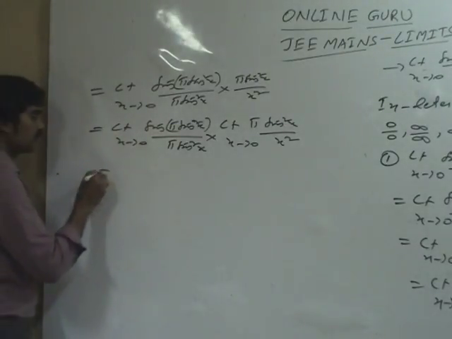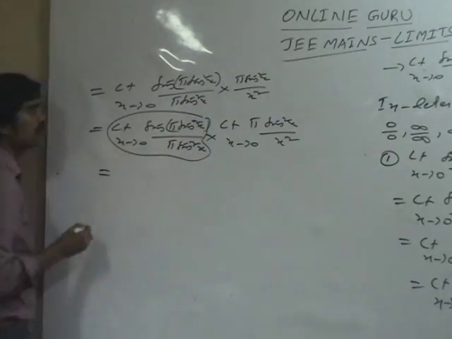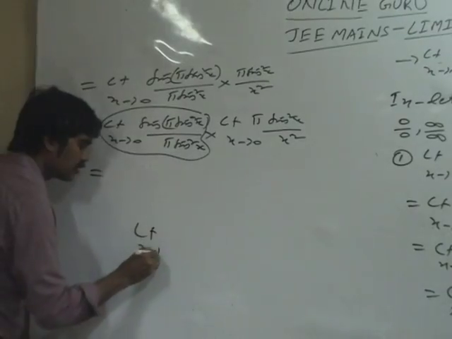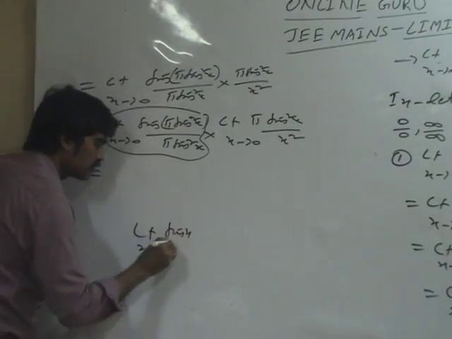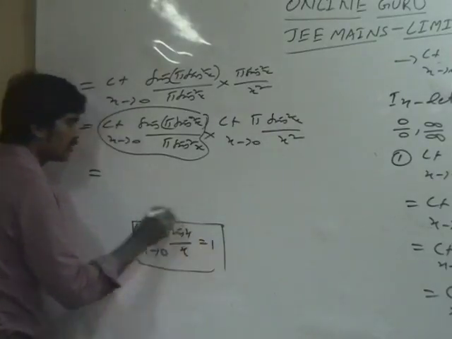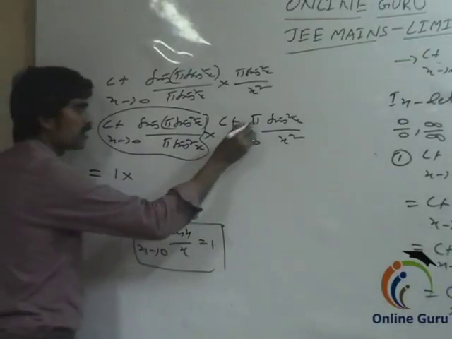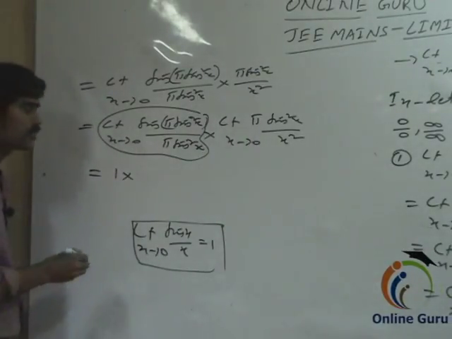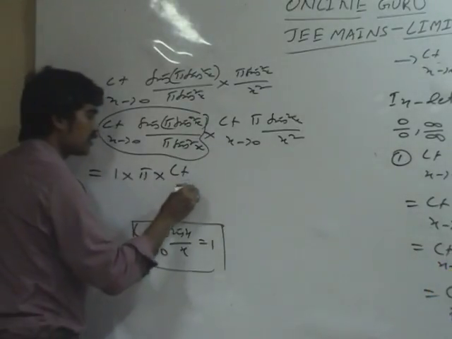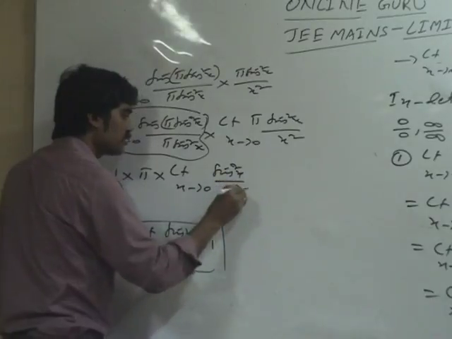This value is 1 by using the formula limit x tends to 0 sin x by x equals 1. So in the place of this you can substitute 1 into, here pi is the constant, you can take outside, pi into limit x tends to 0 sin square x by x square.